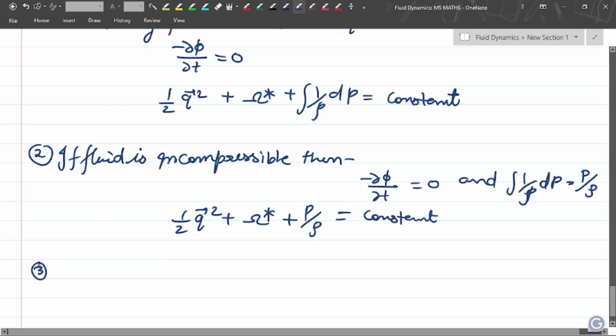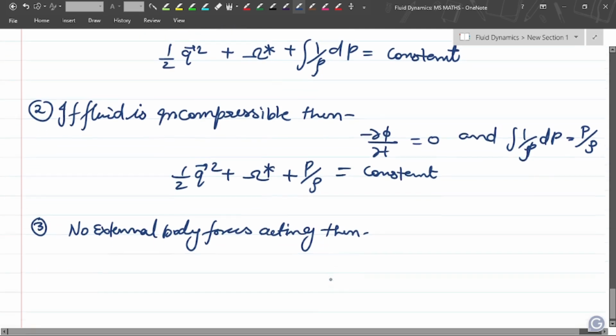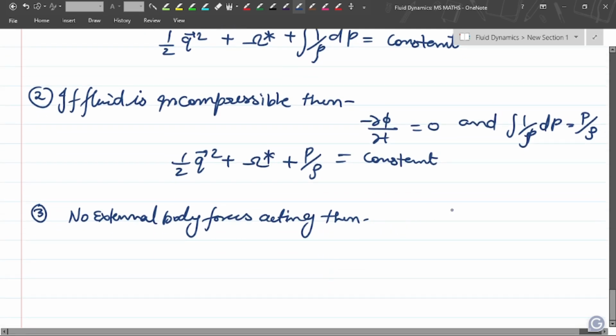Third case, no external body forces acting. Then omega star will be 0, because f is nothing but minus del omega star, which is equal to 0.